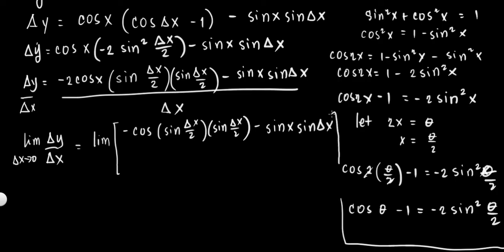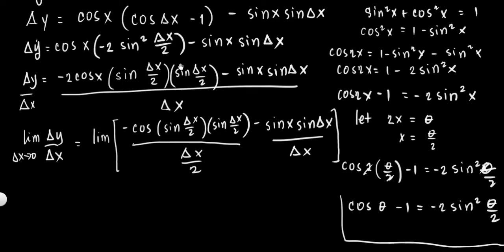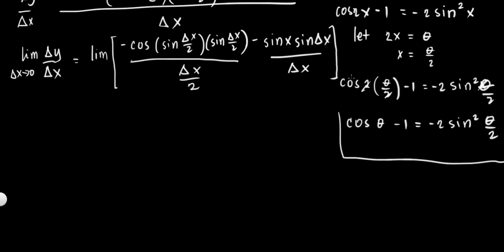Okay? Nasa na yung 2? Yung 2 ilipat natin sa ilalim ng delta x. But what we're going to do is paghiwalay natin yung delta x. So here, we have here delta x over 2 and here delta x lang. Okay? So, let me rewrite this ng mas maayos, no?